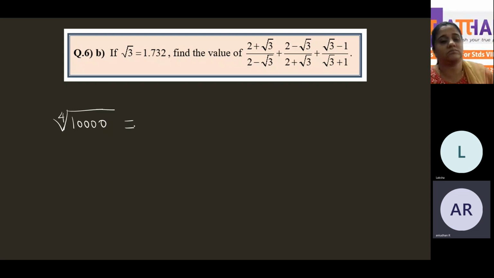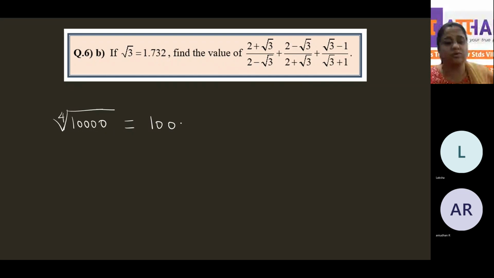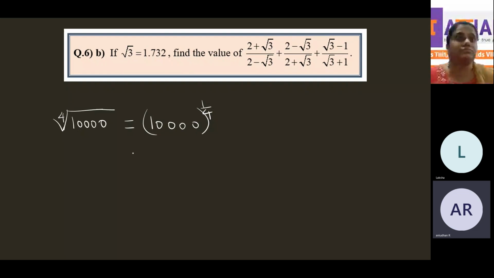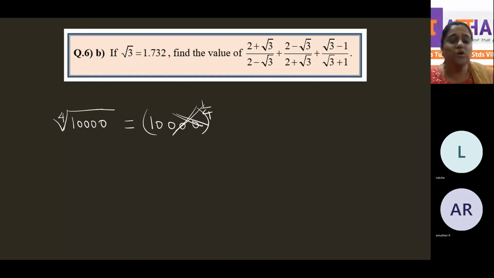Because when we write it in rational form, it will come like 10,000 to the power 1 by 4. Okay, but what makes this rational? Ma'am, the power has integer numerator and the denominator is an integer. No. Your explanation is incorrect. Anybody here?